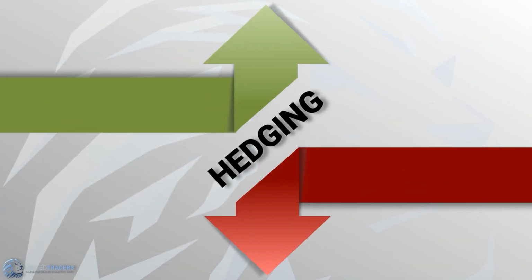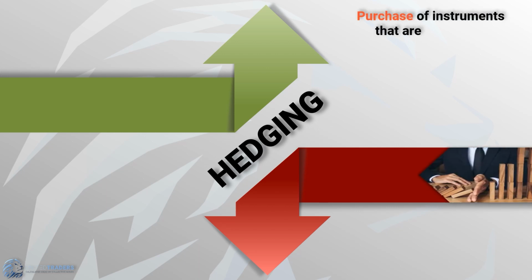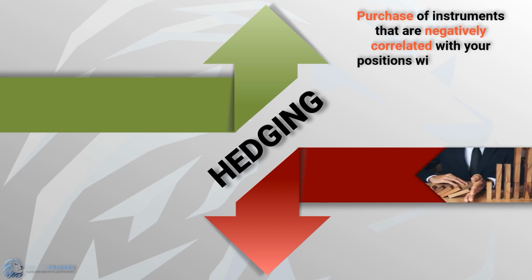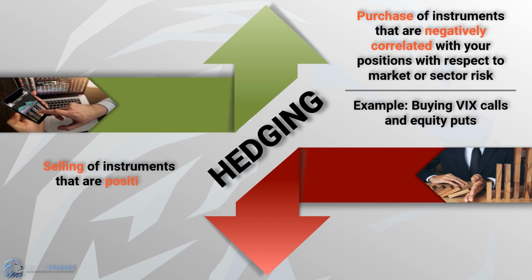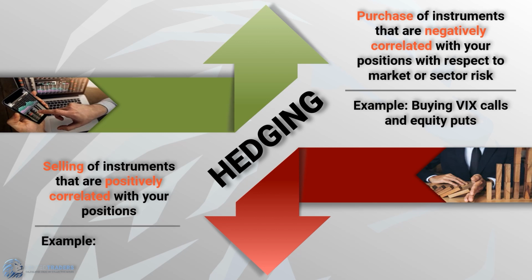Hedging. By hedging, you are looking at protecting against downside risk on one of your positions. You could sell the stock, but you may not want to exit the position due to liquidity, tax, or one of many other reasons. However, you could instead use options to hedge a position.